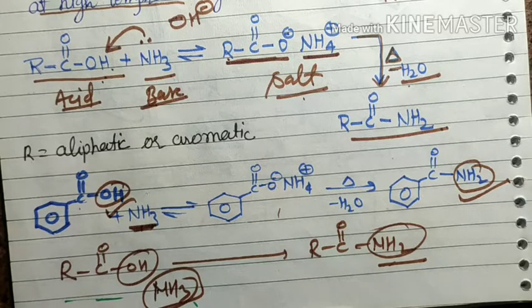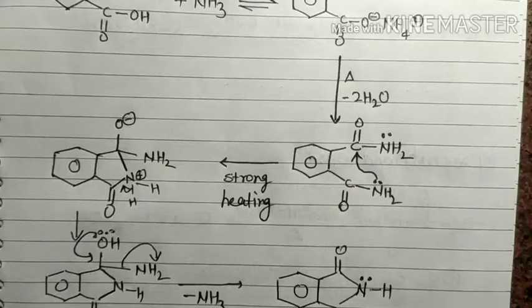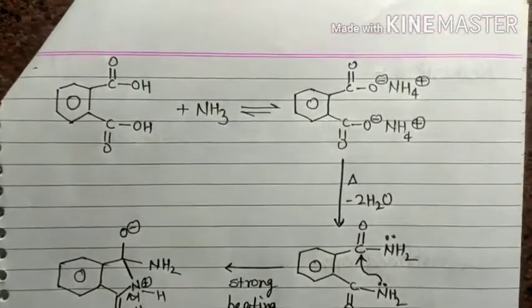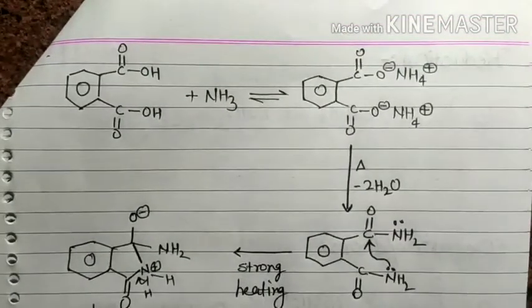So this is the reaction with ammonia, and one mechanism discussed is the formation of phthalimide. A detailed mechanism of phthalimide formation is given in your book. So this is the reaction mechanism, how phthalimide forms. I want to write the mechanism here again.